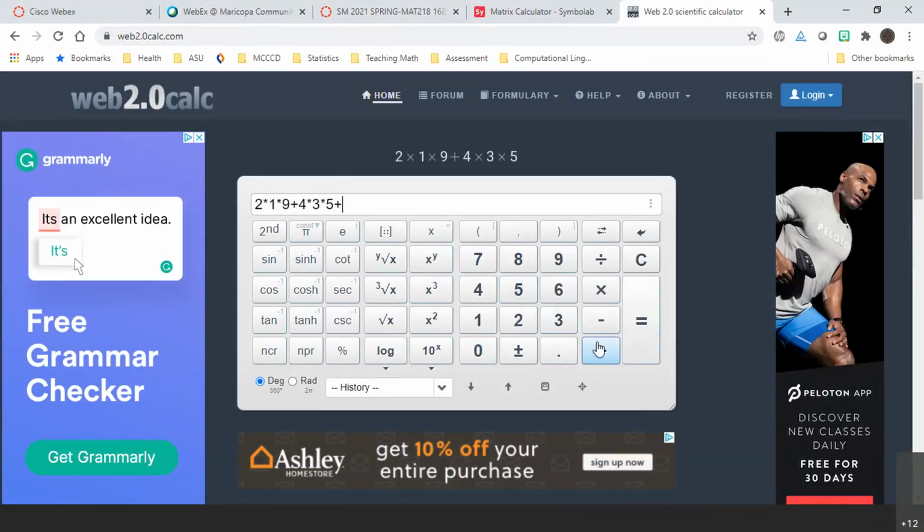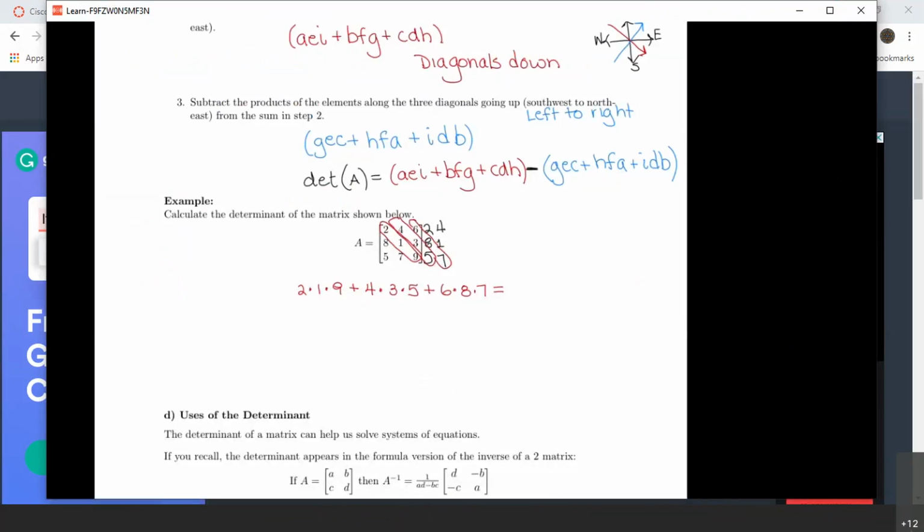And the last one is 6 times 8 times 7. So those are my downward diagonals, and that gives me a total of 414. So I'll write that here. These are down, rather, down.